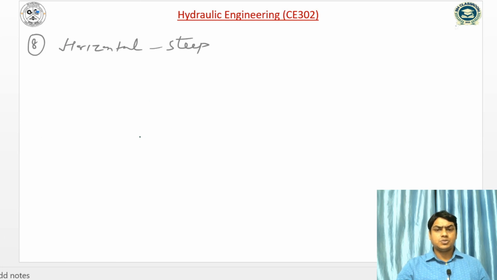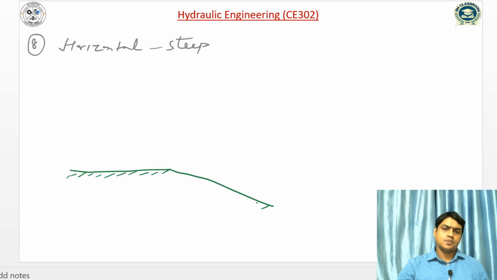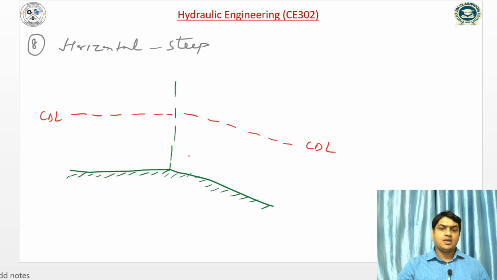Similarly, in horizontal to steep slope, in the horizontal slope the bed slope value will be 0, and then it is a steep slope. And this is the control section. So in the horizontal channel, this is the critical depth line. This is the CDL, and in the steep slope, this is the steep slope, this is the horizontal slope.